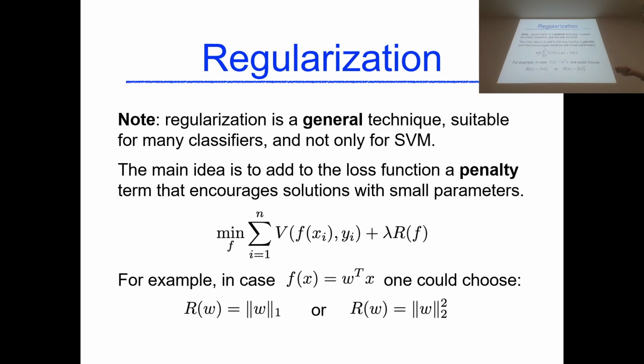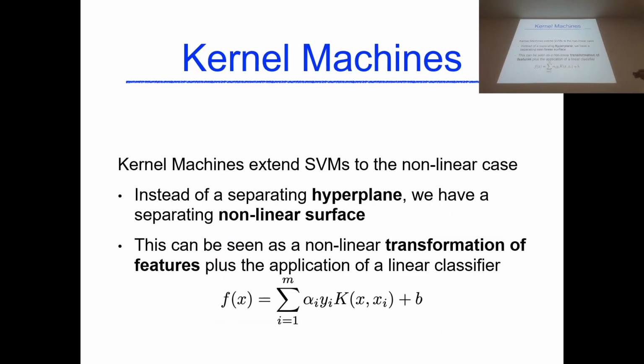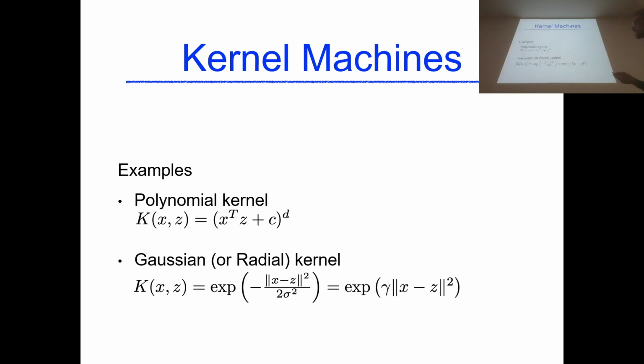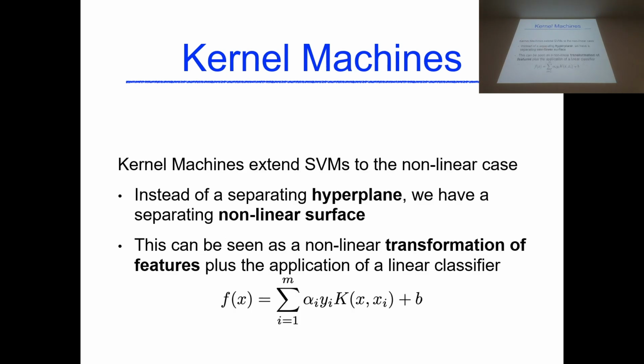Remember that in support vector machines the function is a linear function, with beta parameters as we have seen with linear models. With kernel machines, there is a linear function anyway, but we have another function that can be whatever. So it can also be a nonlinear function. That's another way to extend support vector machines towards the nonlinear case.